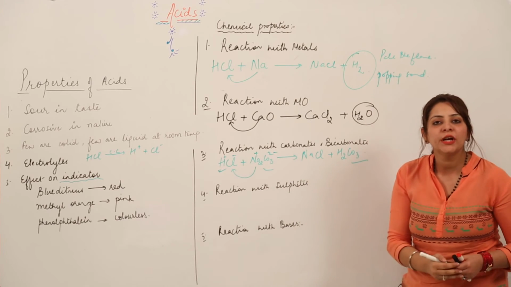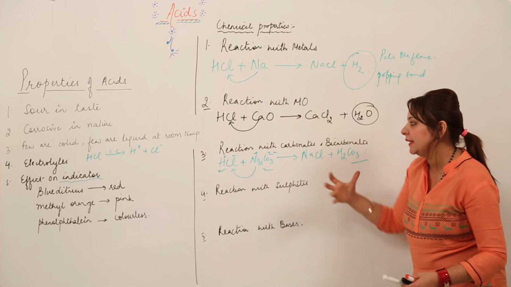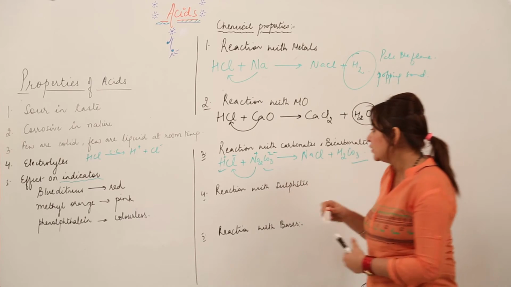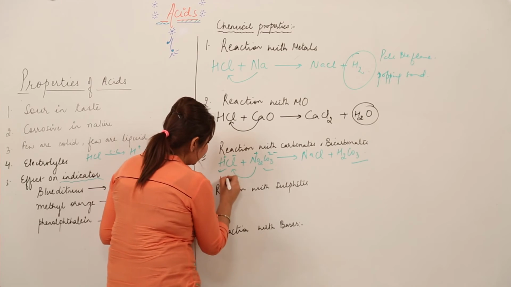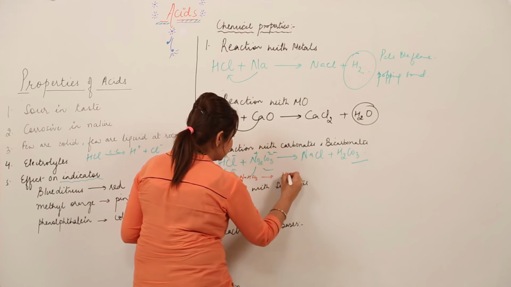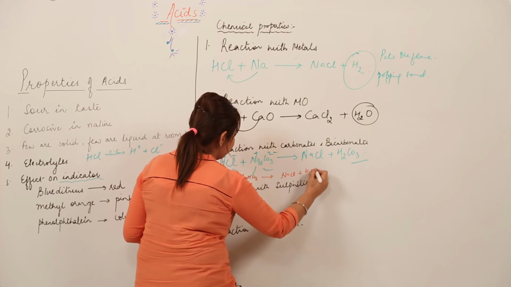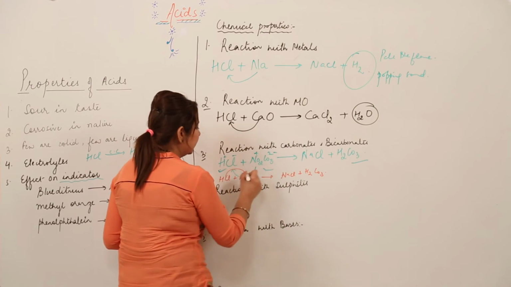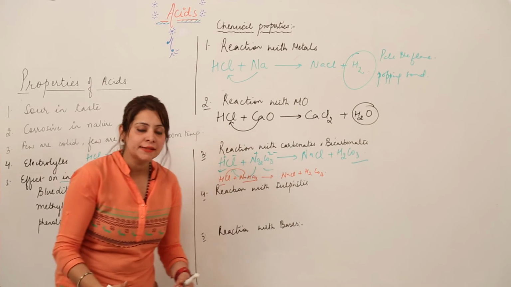This is how we do the reaction with the carbonate and the bicarbonate. And if I state an example with sodium bicarbonate, again I'm going to have NaCl, and again H2CO3. So again the same product.